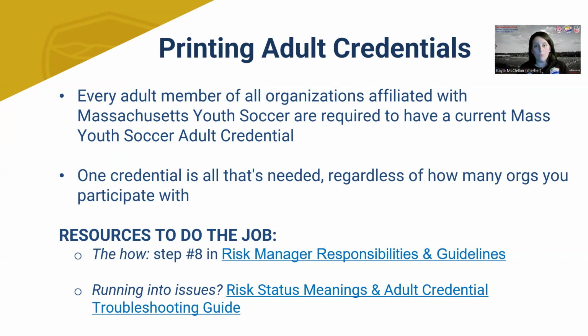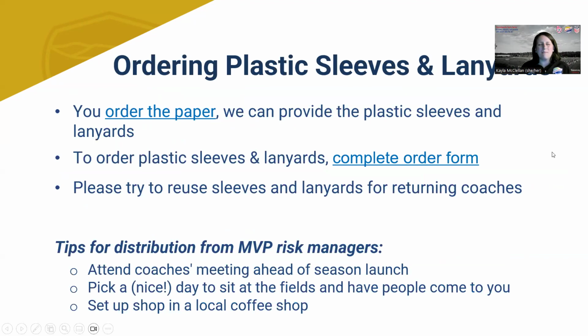We are happy to help with, as I mentioned, the plastic sleeves and the lanyards. All you'll need to do is fill out a form, which is processed by our wonderful office manager, Carol, and we will send you those sleeves and lanyards. We do ask that you try to reuse sleeves and lanyards for your returning coaches.